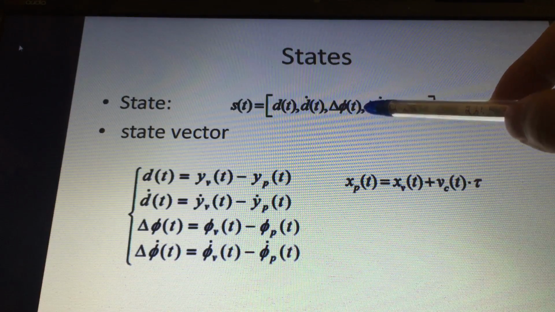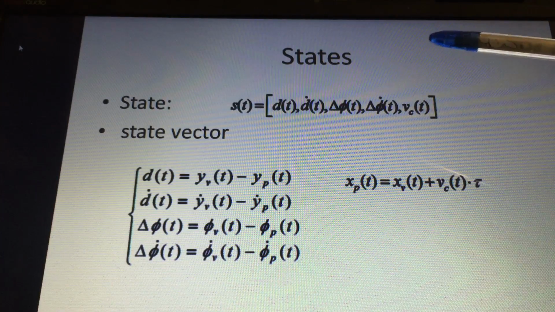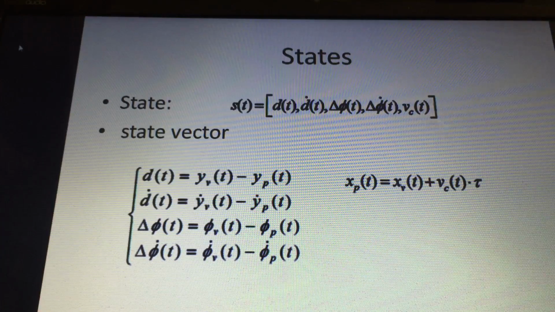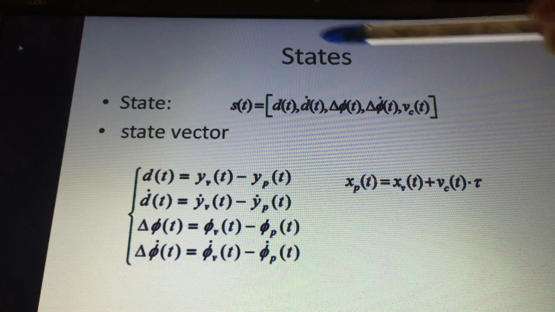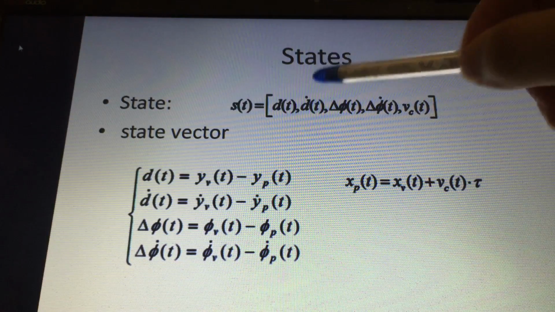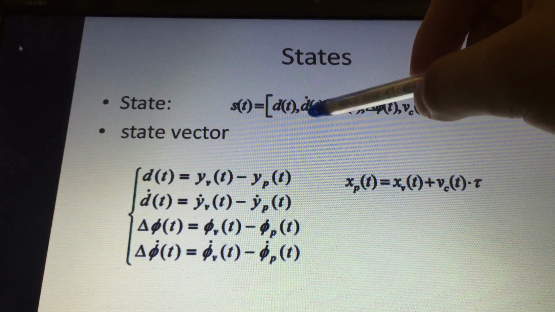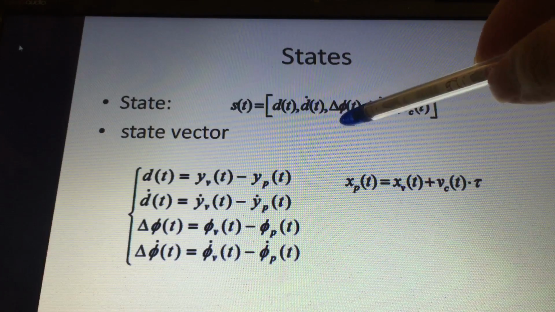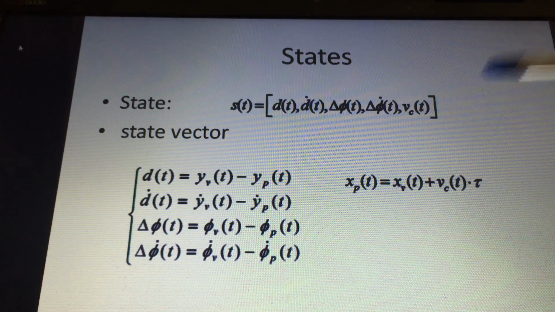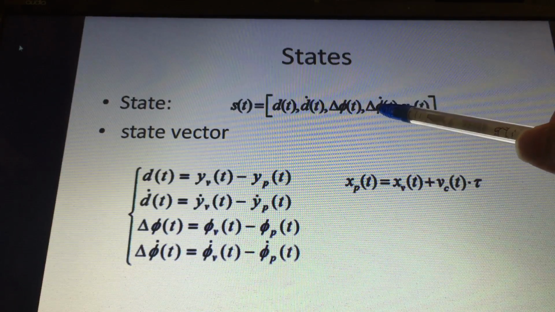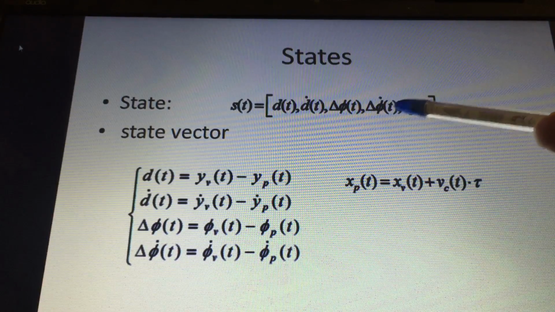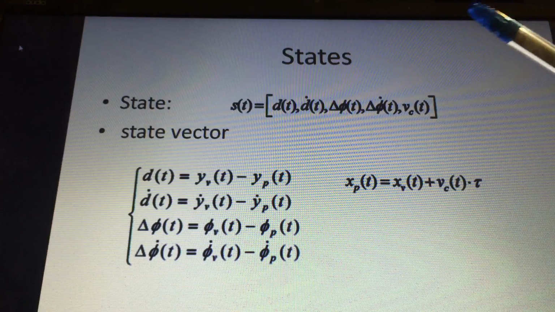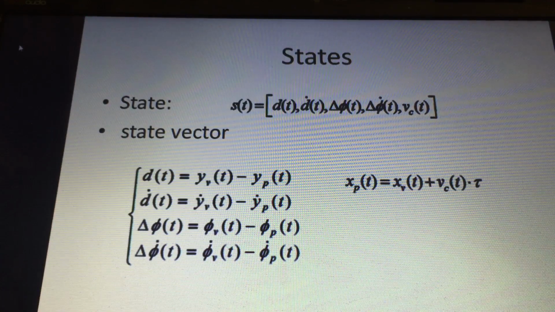Delta phi is the relationship between the vehicle and the direction of the road. d dot is the change of the error, and delta phi dot is the change of the error between the vehicle and the direction.